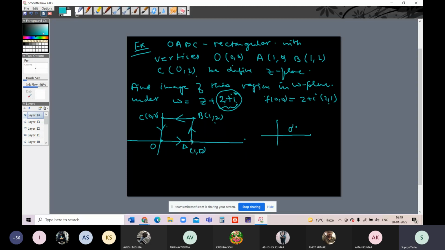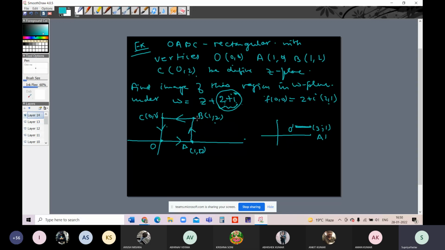Correspondingly, this vertex A, which is 1, 0, will be translated to 3 plus i, that is 3, 1. This is 2, 1. Here is 3, 1. This is A dash.